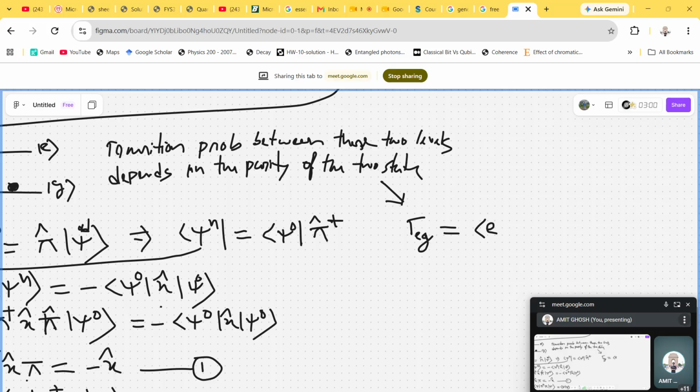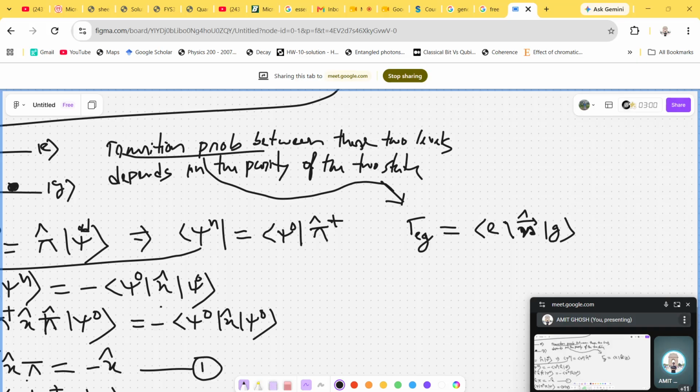Suppose this is E, then R̂, this is your position vector, and G. So the probability of transition from G to E will depend on this matrix element ⟨E|R|G⟩.